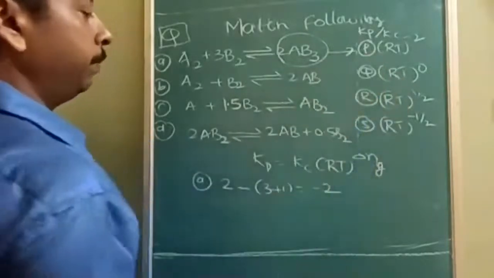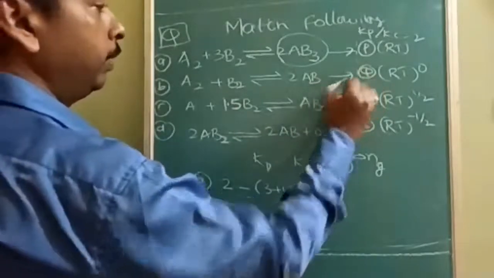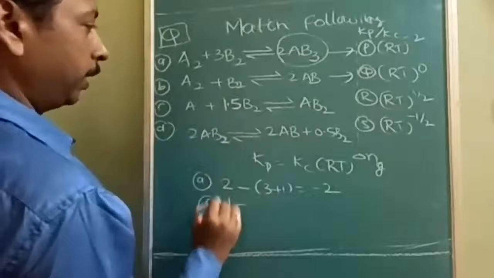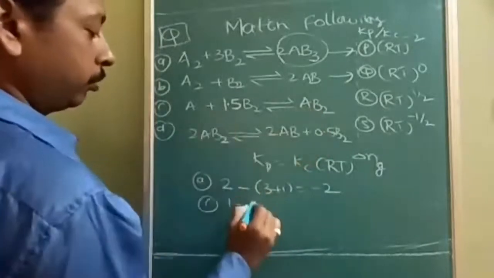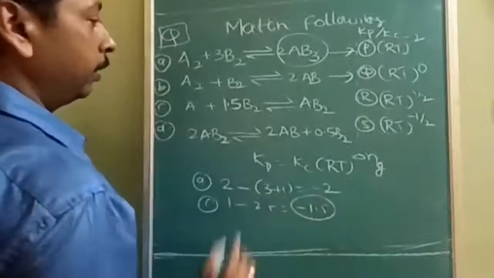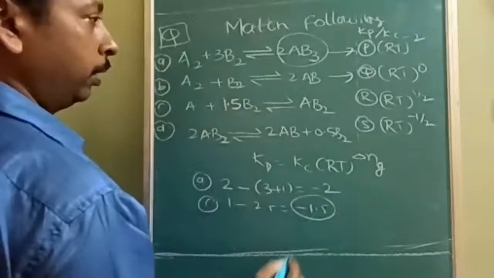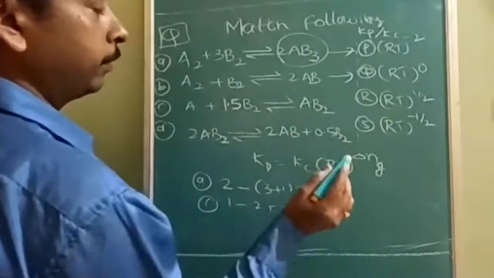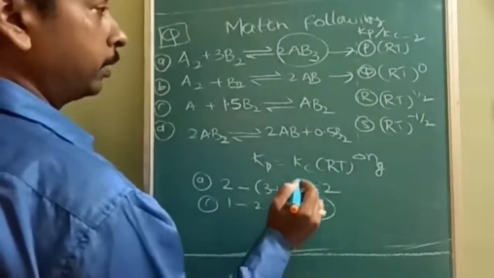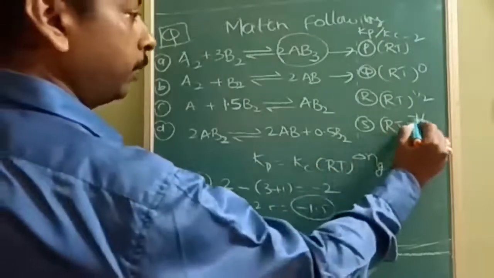So A will be P. And here 2 minus 2 is 0, so B will be Q. For the C part, 1 minus 2.5, that is equal to minus 1.5. Sorry, I think there is a mistake; it is minus 1.5 here.